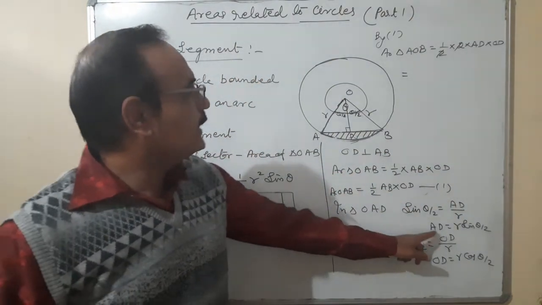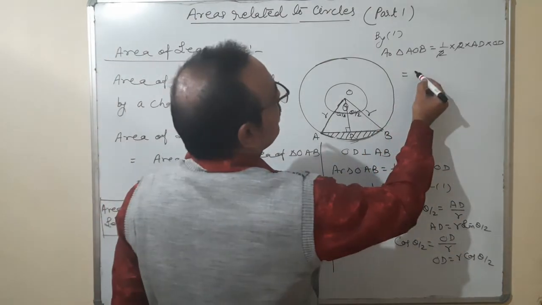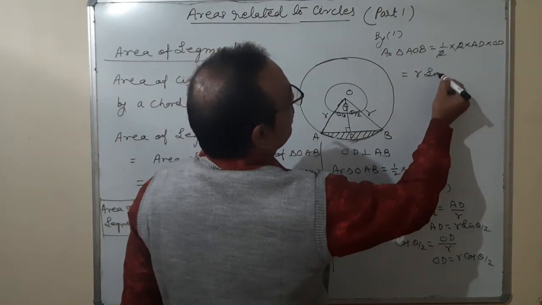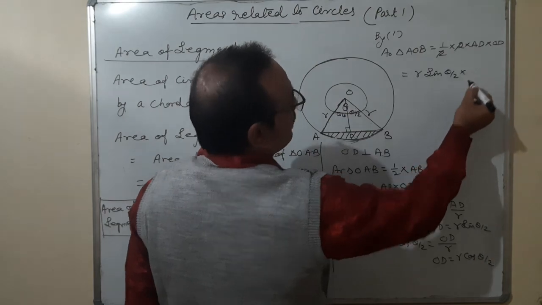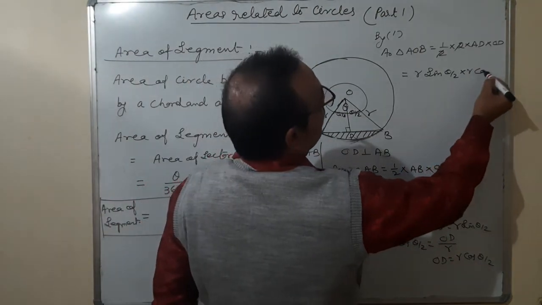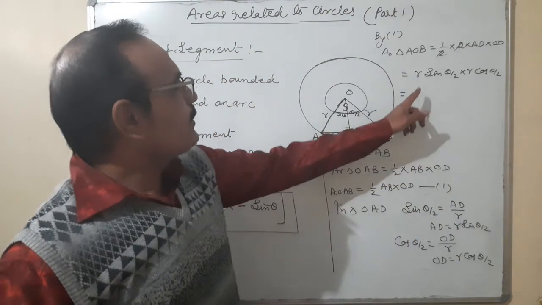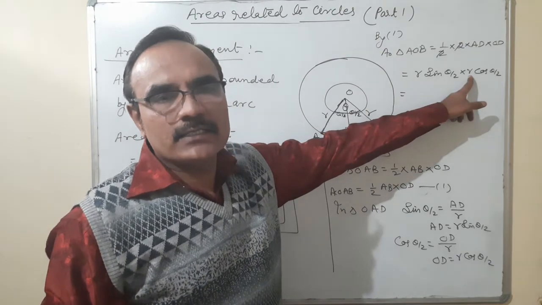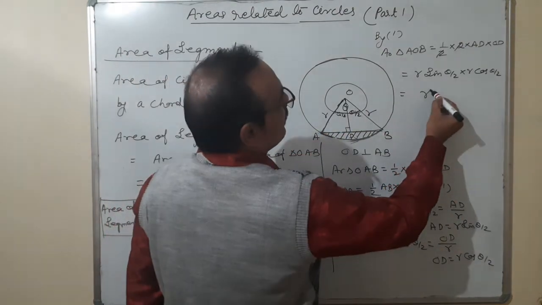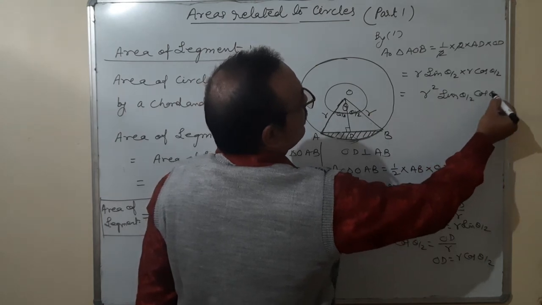The value of AD is R sine theta by 2, into the value of OD is R cos theta by 2. Is that okay? So it is coming R multiplied by R, that is R square sin theta by 2 and cos theta by 2.